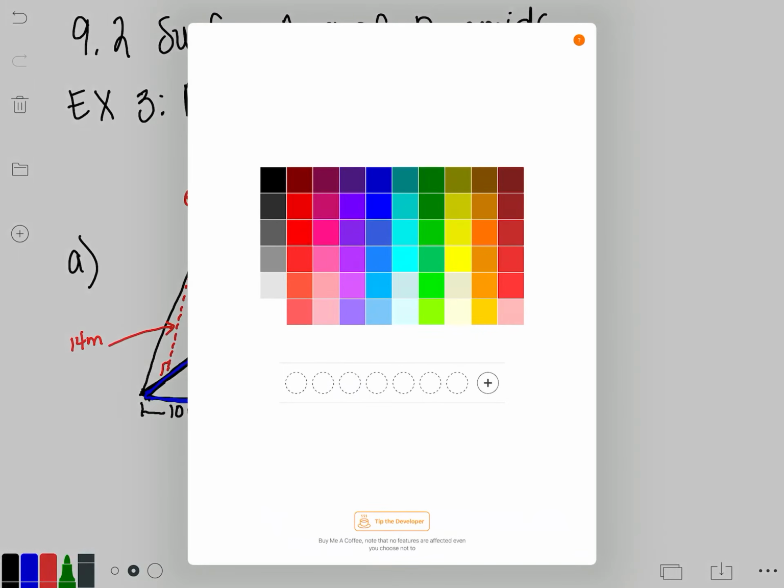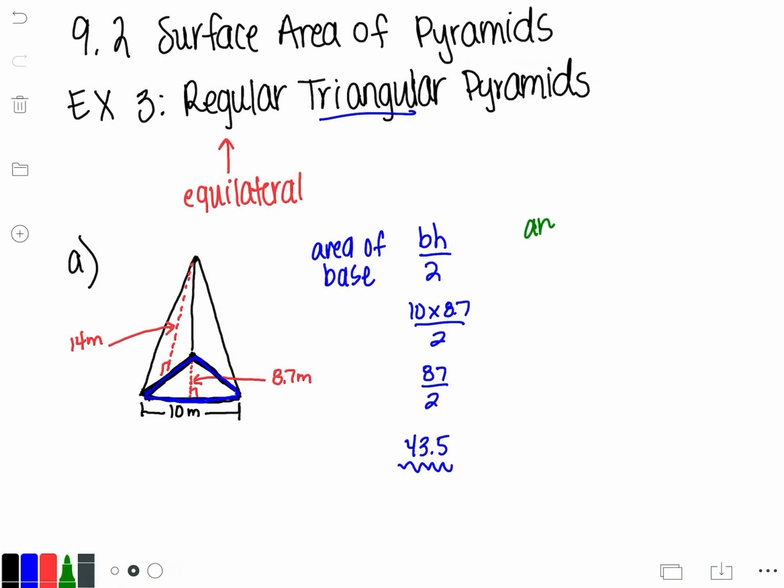Now, I'm going to change my color. I've got area of LF. Remember, your lateral faces are the triangles on the sides. So let me highlight one of them. Okay, you have a base times height divided by 2 because it's a triangle again.